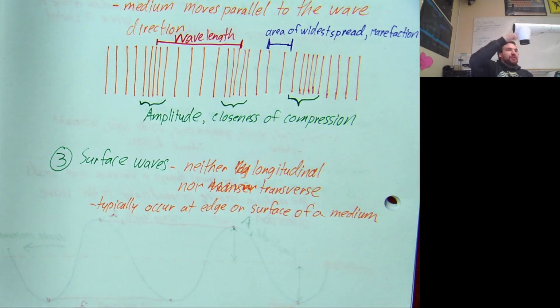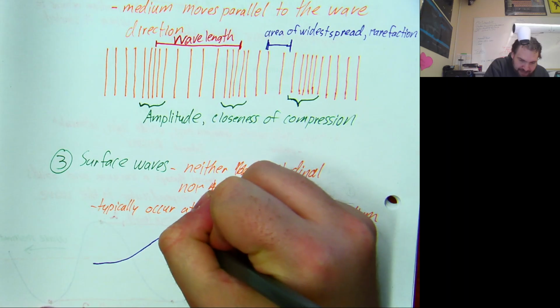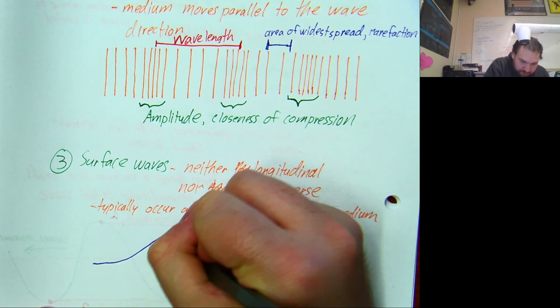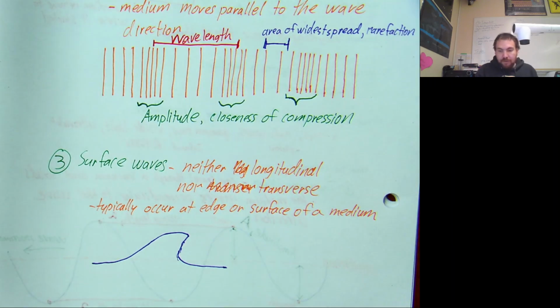At the surface, though, things get mucky, and as the depth of the ocean gets shallower, all of that energy gets compressed into a smaller area, and the wave actually slows down, creating these surface waves. And so you get a wave that ends up looking like this. And you get this crashing wave that we typically associate with the surface of the water.